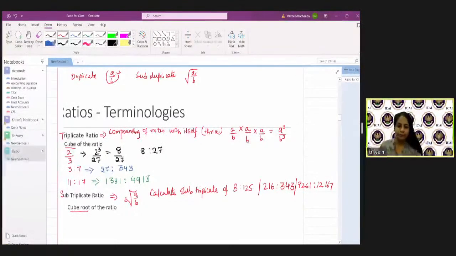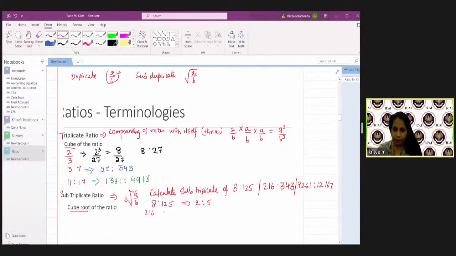All right. Doing along with you. Cube root of 8. That is, what number will be multiplied 3 times so that I get 8. So subtriplicate of 8 is 2. For 125, it is 5. So subtriplicate of 8 is to 125 is 2 is to 5.